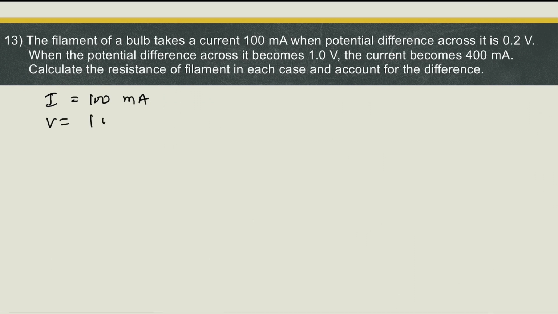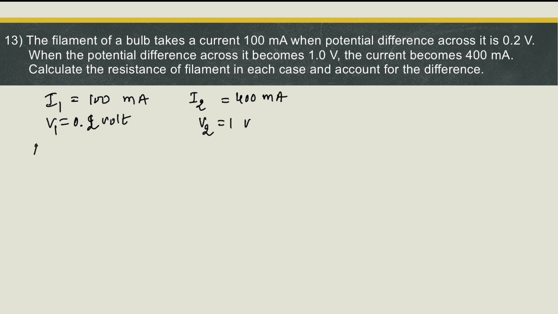When the new potential difference is 1 volt, the new current is 400 milliampere. Calculate the resistance of the filament in each case and account for the difference.